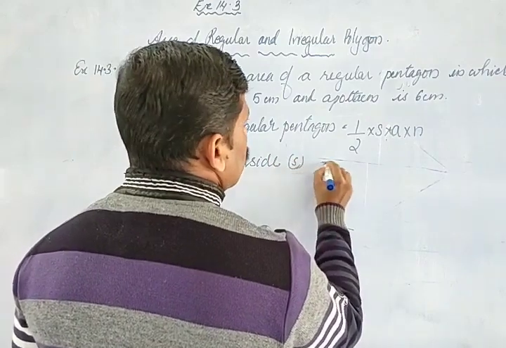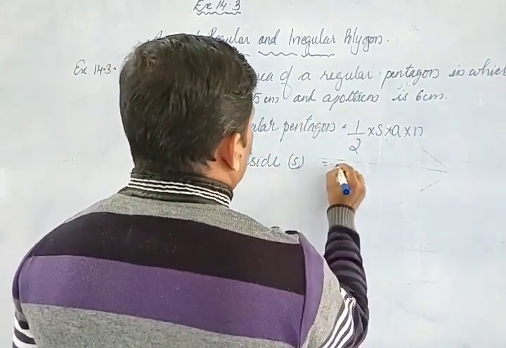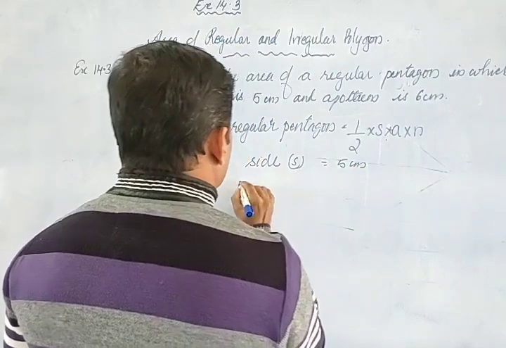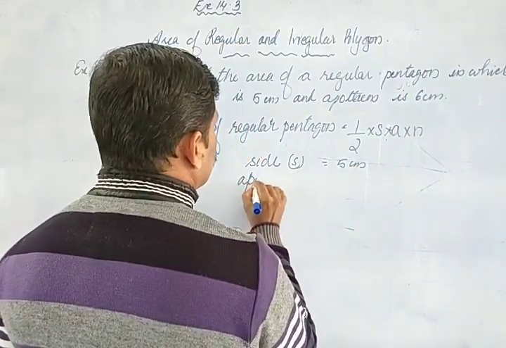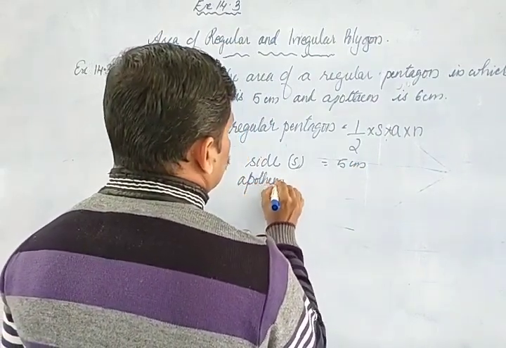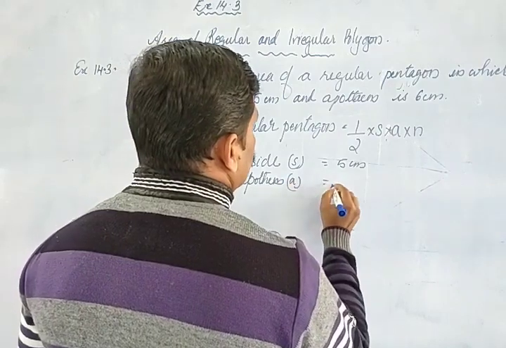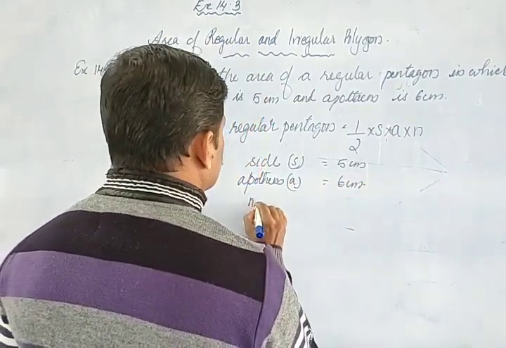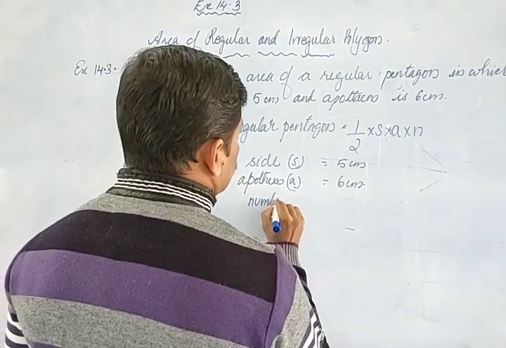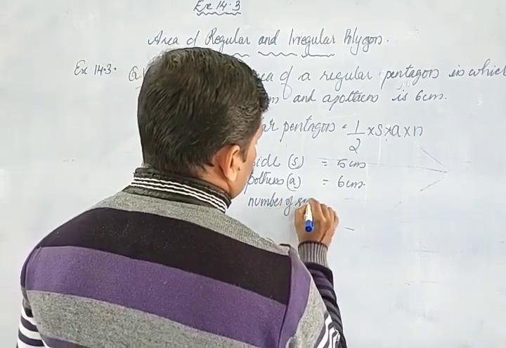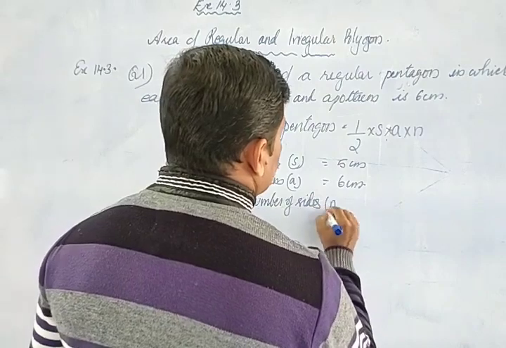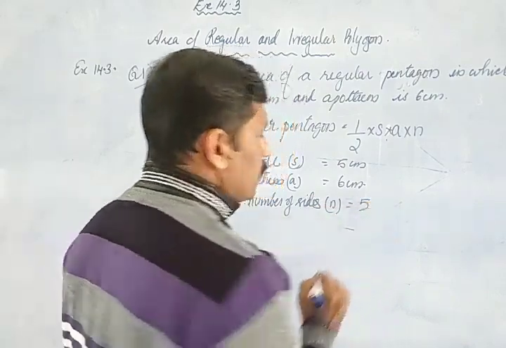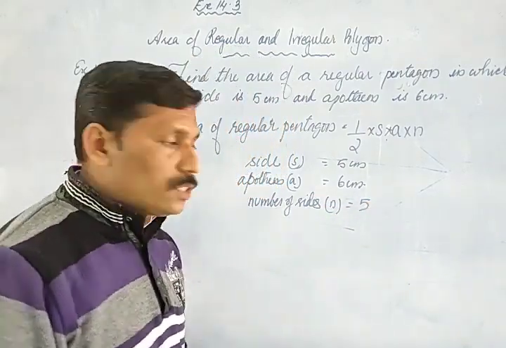Side S is equal to 5 cm, as given. Apothem A is equal to 6 cm, and number of sides N is equal to 5, as it is a pentagon, and there are 5 sides in a pentagon.